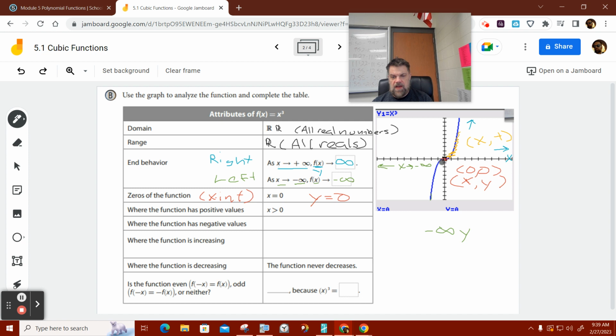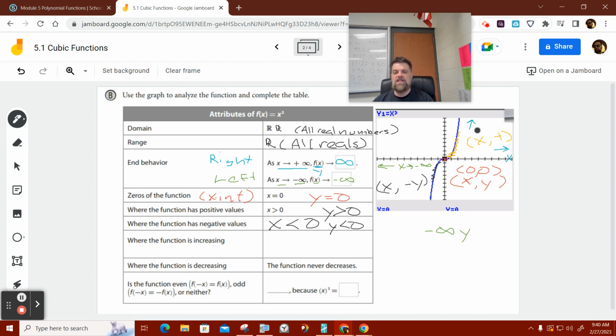Well, right here, if I follow this part of the graph, the x values are here, and then I have a negative y value. Well, where does that occur? Well, we got to look at the x. It's when x is less than 0. Well, what does that mean? Y is less than 0. And when x is greater than 0, y is greater than 0 over here. Right? That's positive and negative in fancy math terms.